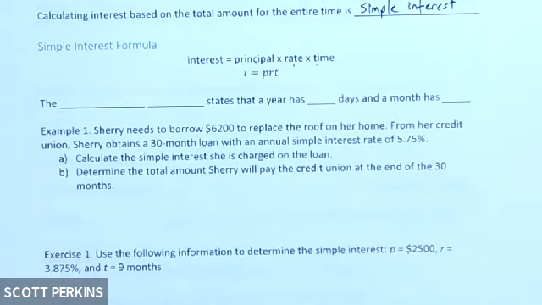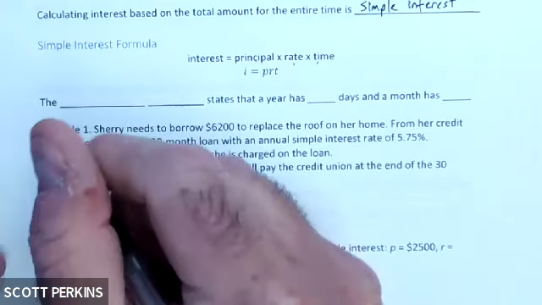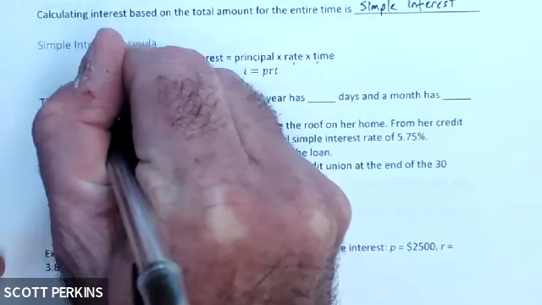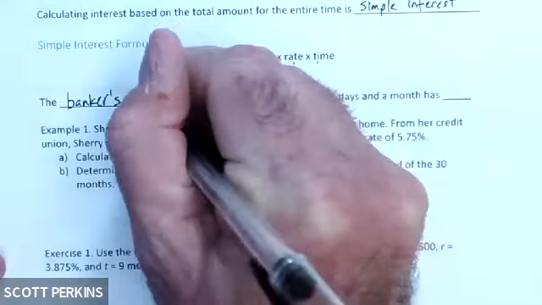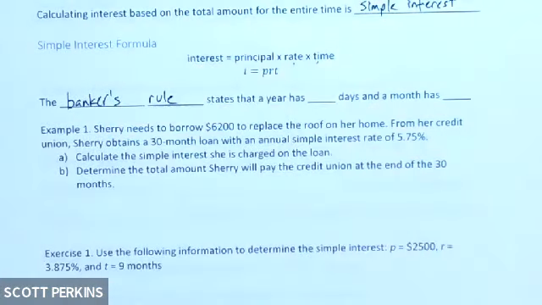Okay, so the banker's rule. There are two rules we're going to talk about. The banker's rule, as we're going through and doing calculations, says that a year is going to be 360 days.